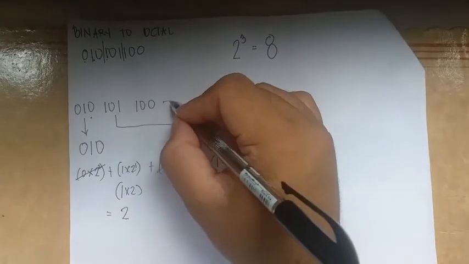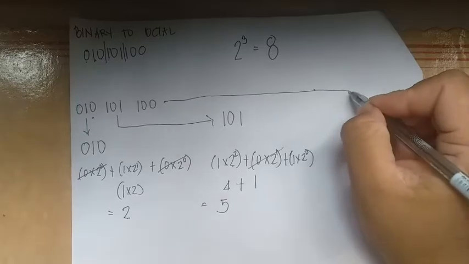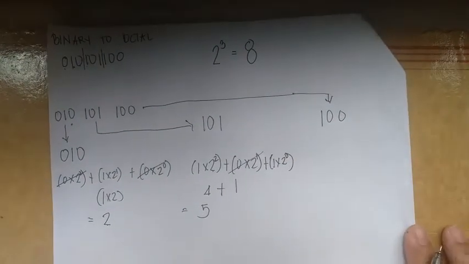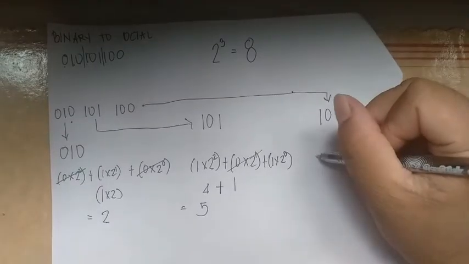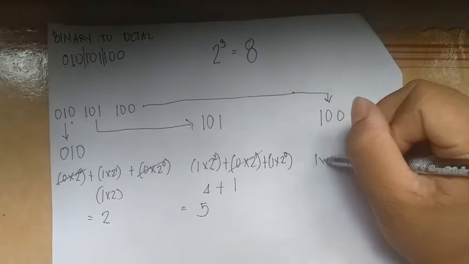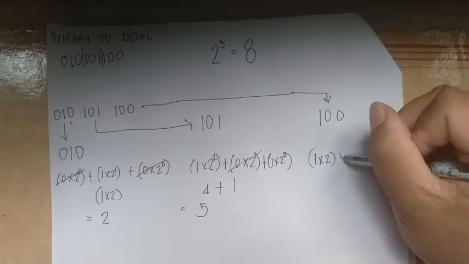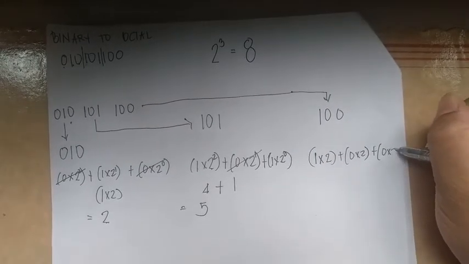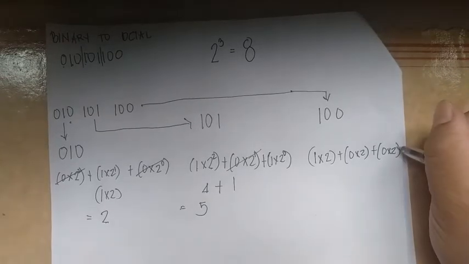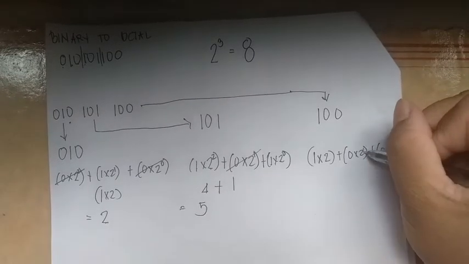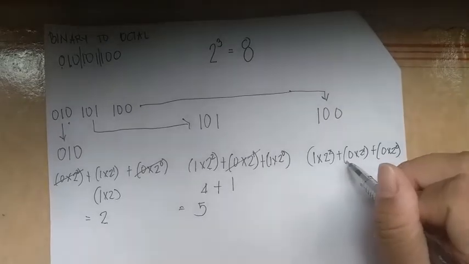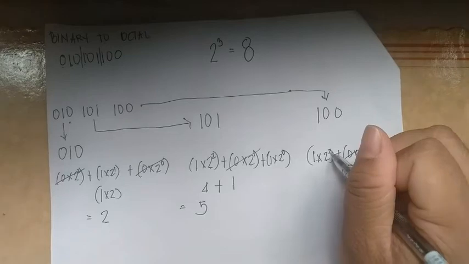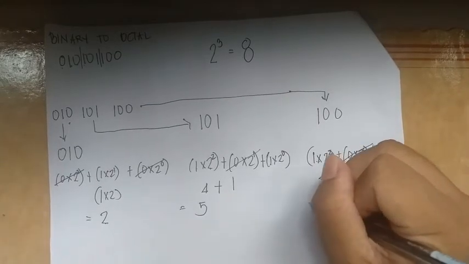And last, ang aton nga least significant nga group, ang 1, 0, 0. Multiply mo siya liwat, tagaan multipliers, 1 times 2 plus 0 times 2 plus 0 times 2. Assign liwat exponents, 0, 1, 2. Eliminate ang 0. And na mabilin ang 1 times 2 to the power of 2, which is equal to 4.